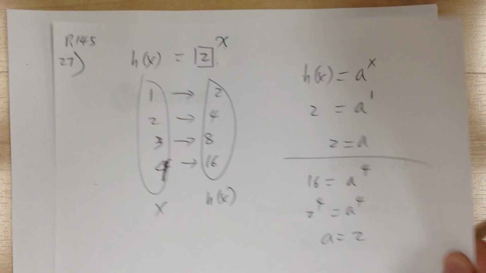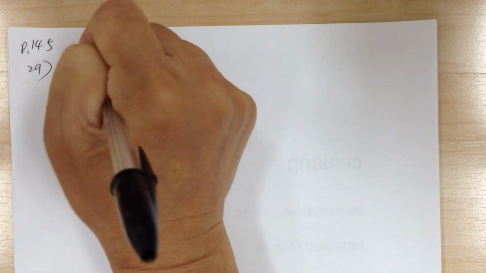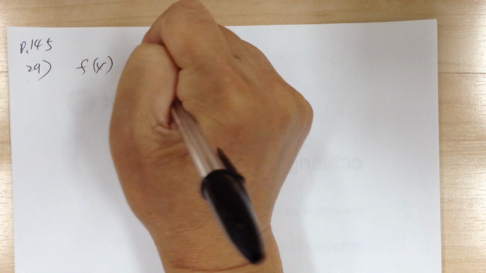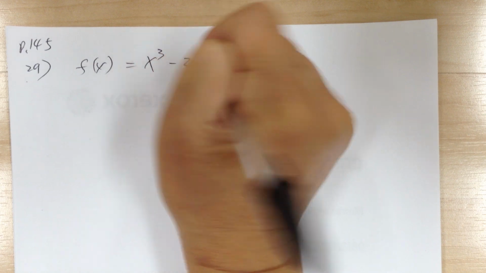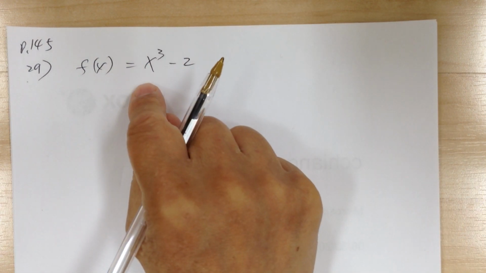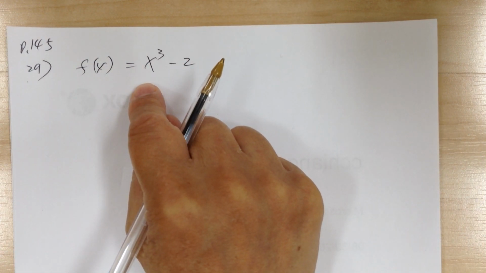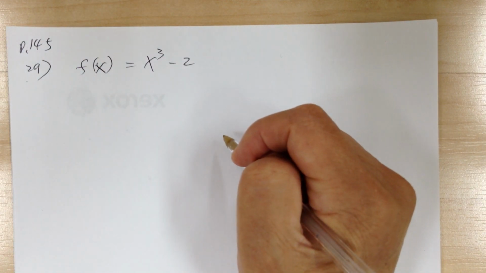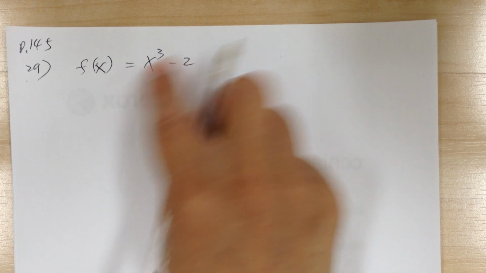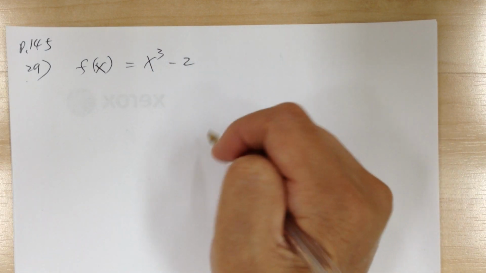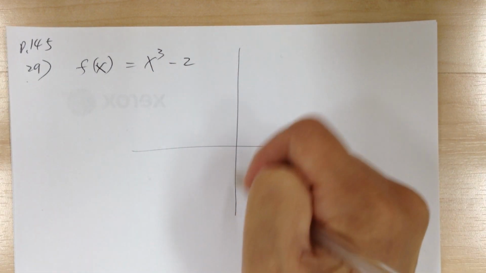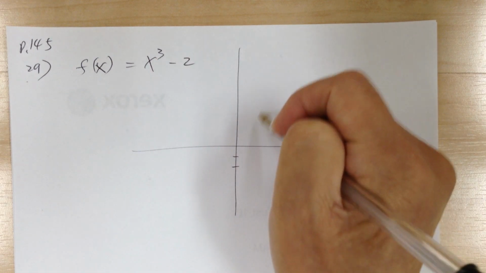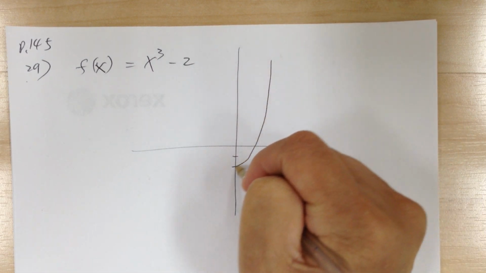Okay, let's go to the next one. So you're looking for the domain. Domain is the value of x that you can have, and the restriction on that. If you make the table and graph this, the graph is going to look something like this.